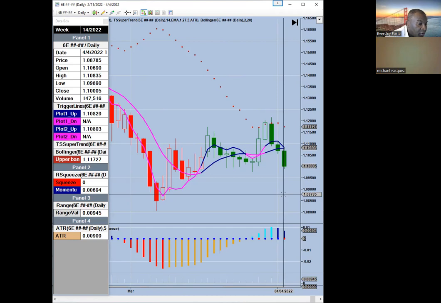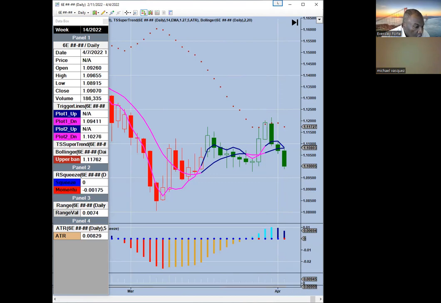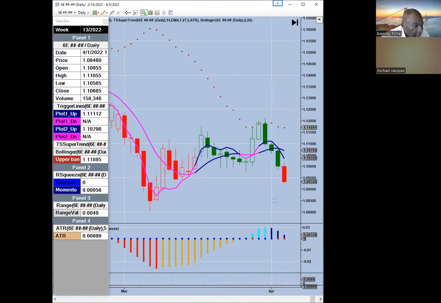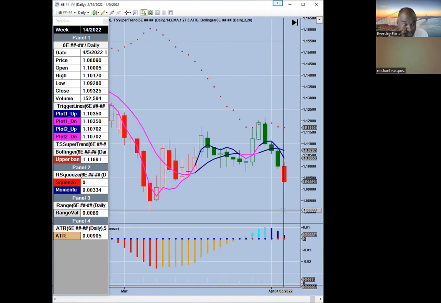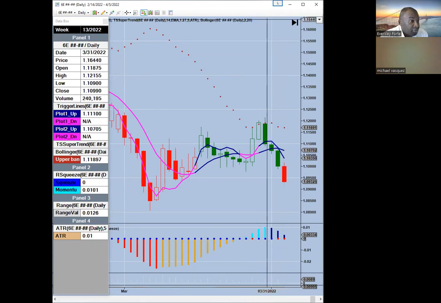If plot 1 has not crossed below plot 2 yet, I can't see it totally with my eyes, so I look at the numbers, and plot 1 on the data box is higher than plot 2. I go one more day. Hey, plot 1 crossed below plot 2. Okay, now I have a trade setup. If you look to the trading plan, now I'm going to switch back to the trading plan.